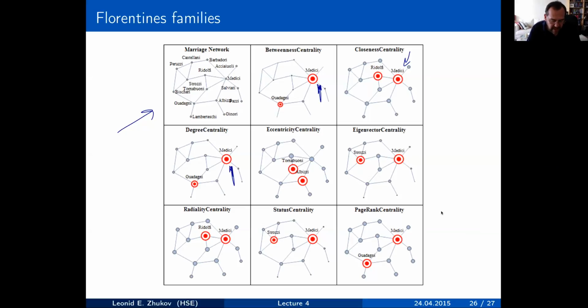Now, there are other centralities we did not talk about, but here's Eigenvector centrality. It's also pretty high. And here's this PageRank centrality, which we just discussed. And in fact, you can calculate PageRank centrality also for an undirected graph, if you need to. It's also pretty high.